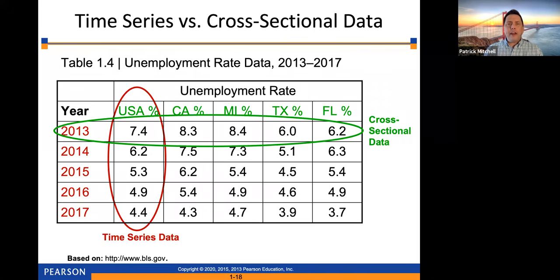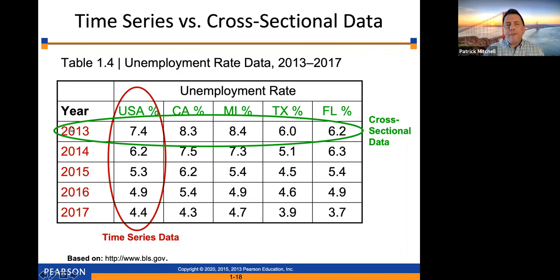All right, so here's a great example. We have unemployment rate data from 2013 through 2017. Notice the source here again at the bottom. So if I were to look at the unemployment rate for the whole country overall, from the years 2013 to 2017, that would be an example of time series data because I'm looking at the same group, the United States, unemployment rate measured at different times.